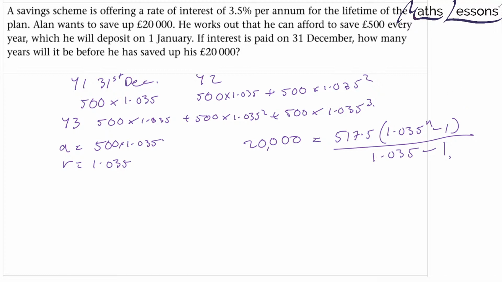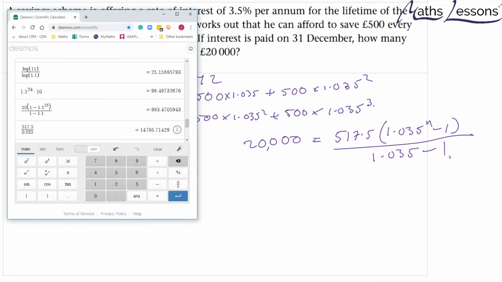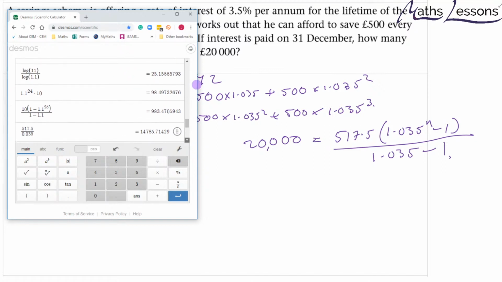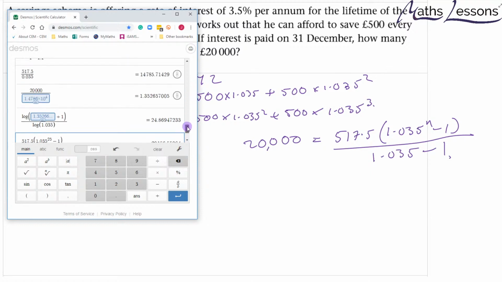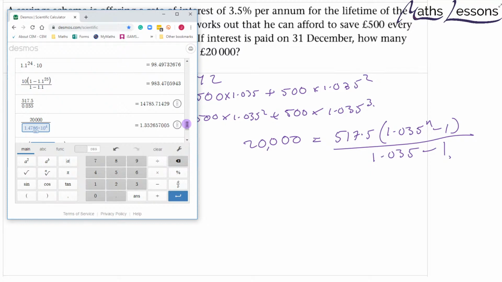So if I pull up my calculator to do some of those calculations, you can see I did that division. I then did 20,000, then did the 517.5 divided by the 0.035. 1.035 minus 1 is 0.035. Do that divided by that to find what we're timesing by, which is 14,785.